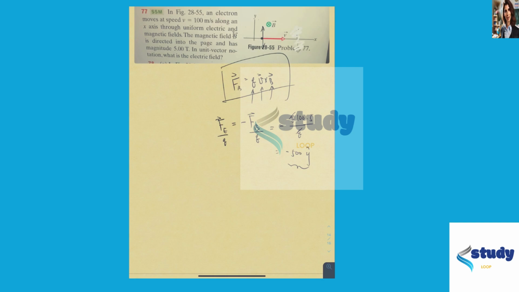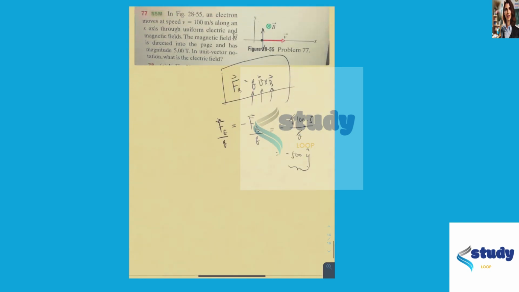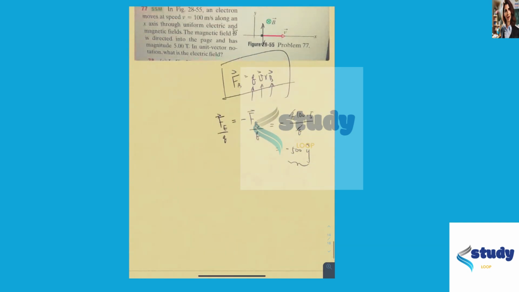That's just a little reminder on directions and charges. Anyway, this is the electric field. In this problem, it is negative 500 in the y-hat direction, and the unit is going to be volts per meter, of course.